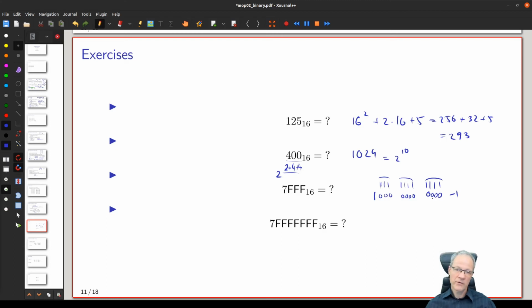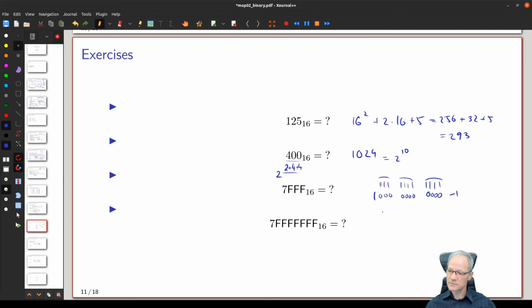It's just like if you have 1000 and subtract 1, then the answer is 999, all 9s. So in binary system, that would be all 1s. Okay? Now for this, I can easily figure out the value because it's 2 to the power of 1, 2, 3, 4, 5, 6, 7, 8, 9, 10, 11, 12.